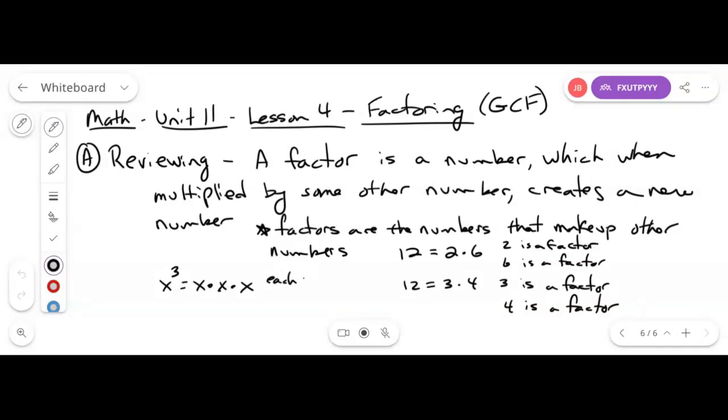Each x is a factor. The things you use to multiply together to get new numbers. Okay?